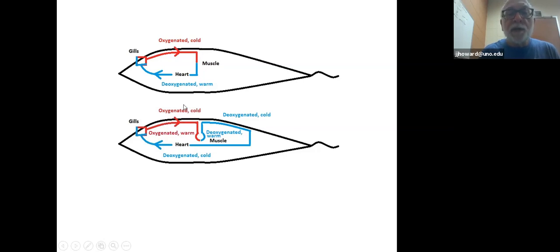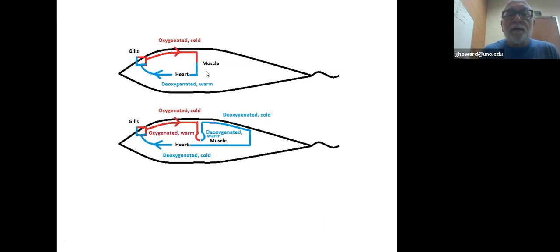So this cold blood that's plunging into the muscles is right next to hot blood that's leaving the muscles. And so it absorbs the heat from the outgoing blood and carries it right back into the muscles. Basically, any heat that's generated by the muscles is not lost, it's transferred right back in. So the muscles can maintain a higher temperature.